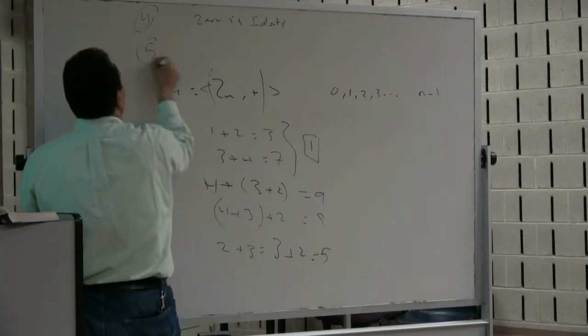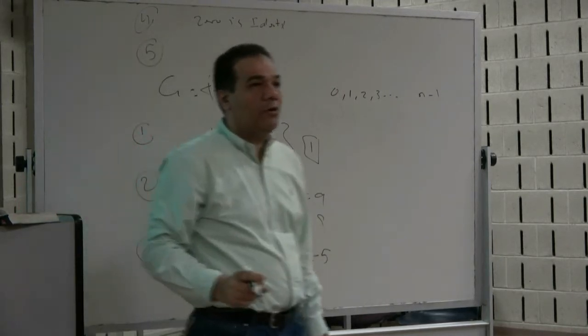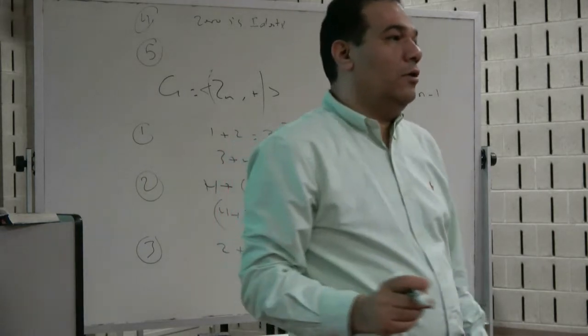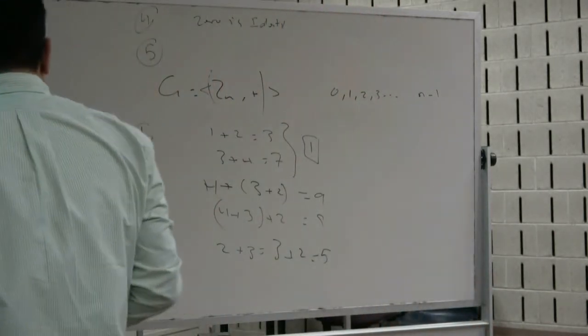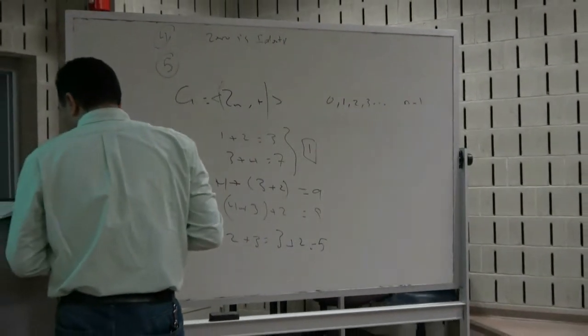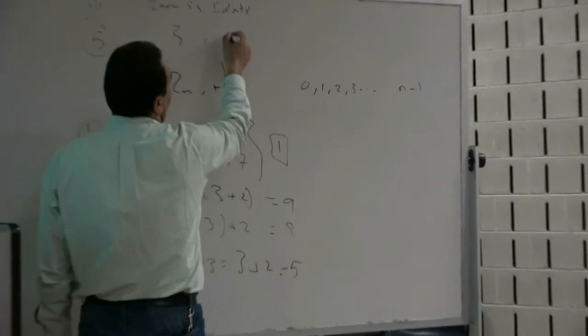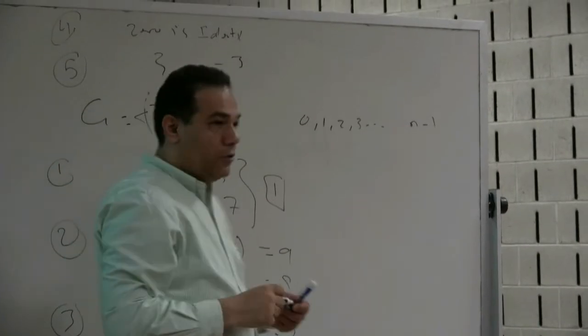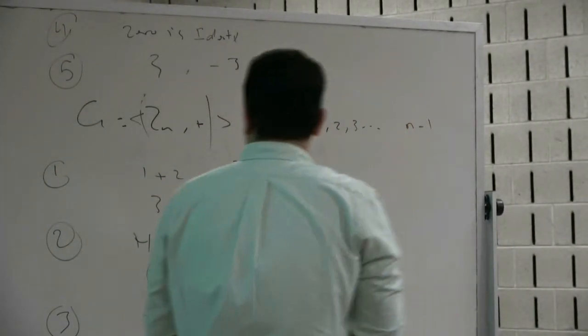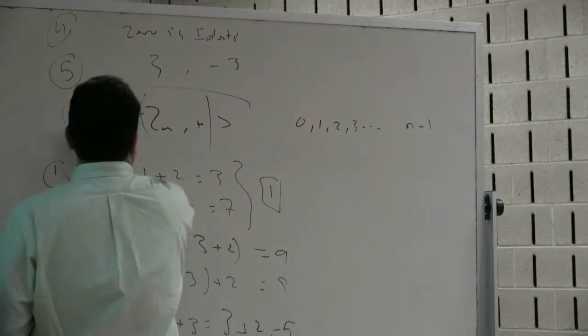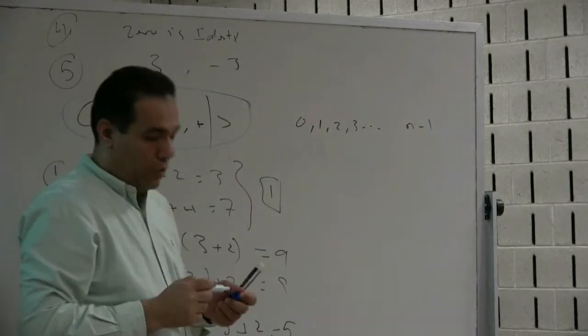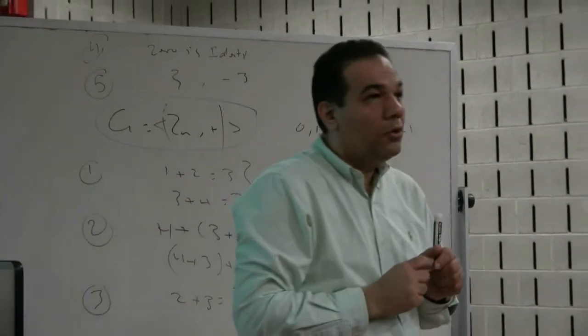Number 5 is the inverse. What is the inverse of any number? It's its negative, right? The inverse of any number is its negative. So the inverse of 3 is -3, and so forth. So what do we call this? A commutative group.